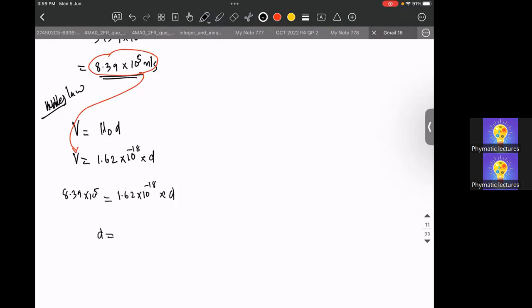From this we can calculate the value of d: 8.39 × 10^5 divided by 1.62 × 10^-18, which is 5.179 × 10^23 meter. So this is the distance we calculated using Hubble's law.